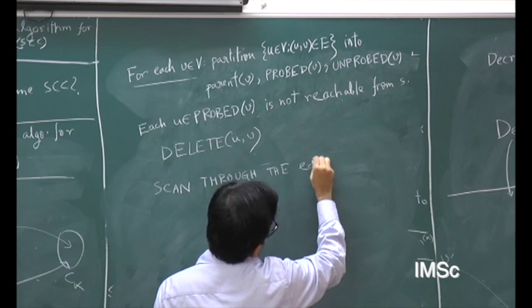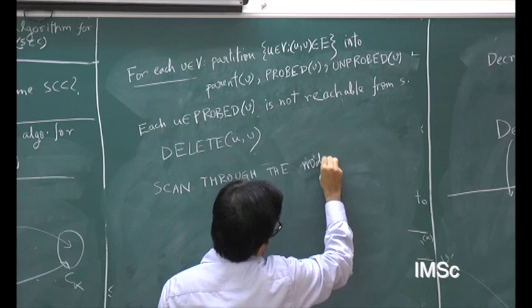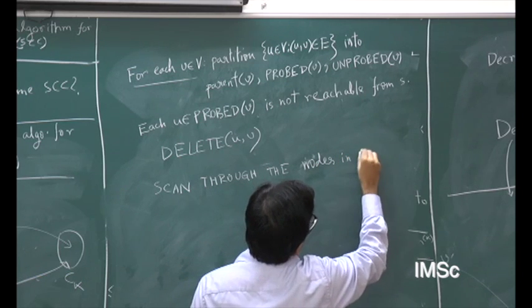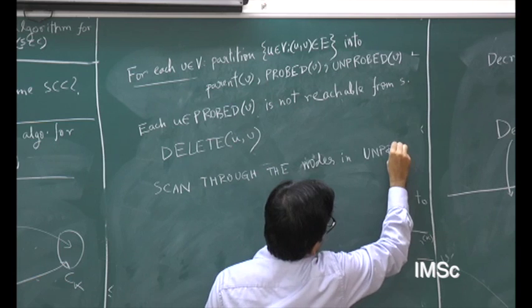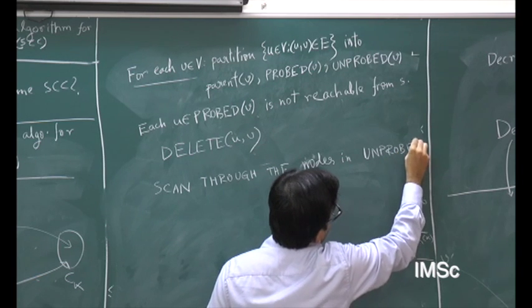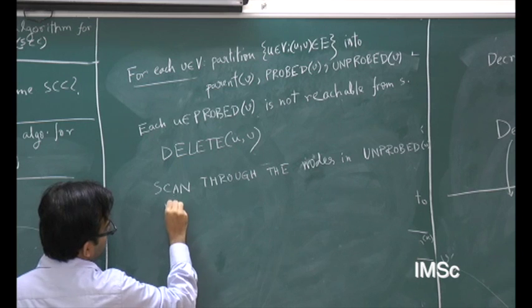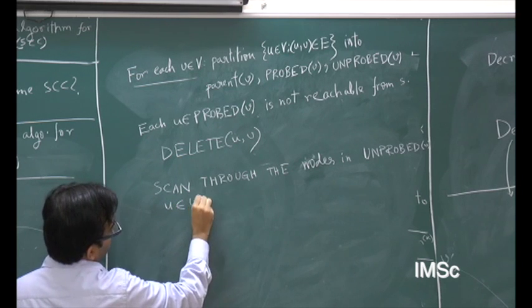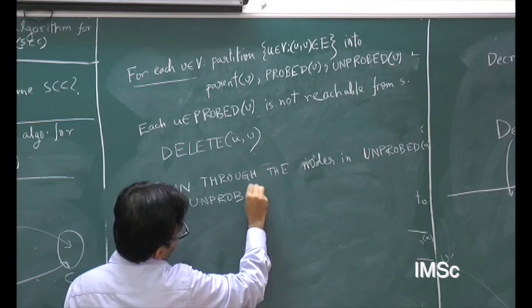So, scan through the nodes in unprobed V. Suppose you are at this guy.